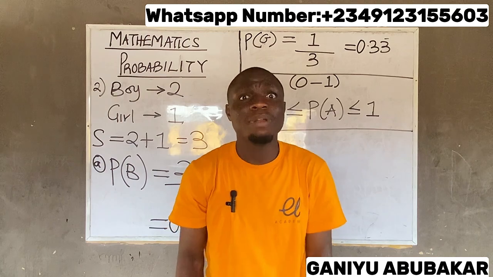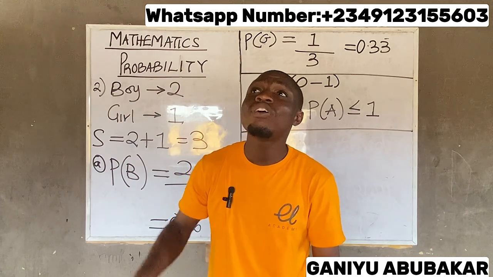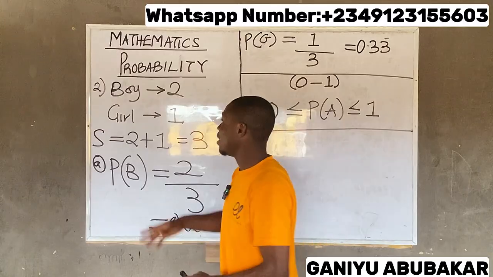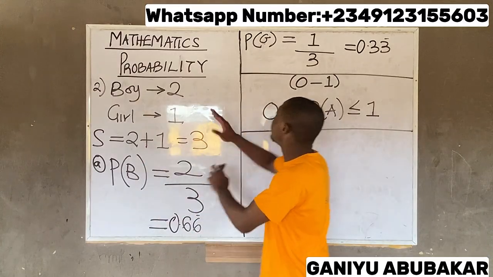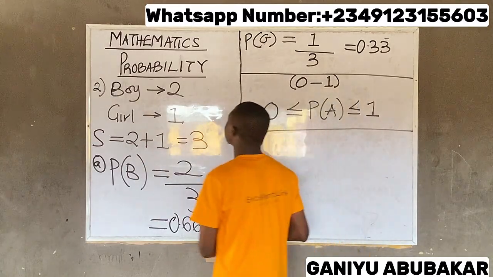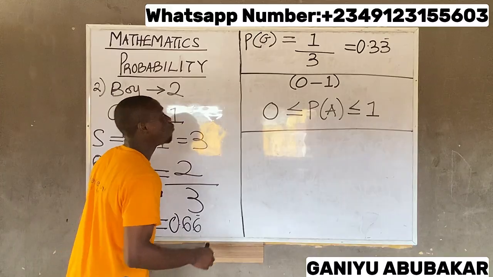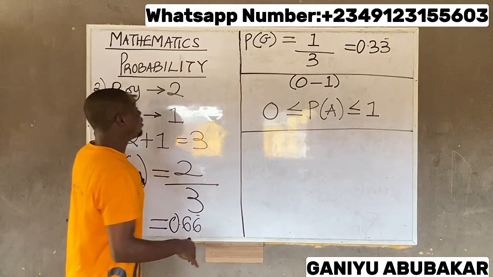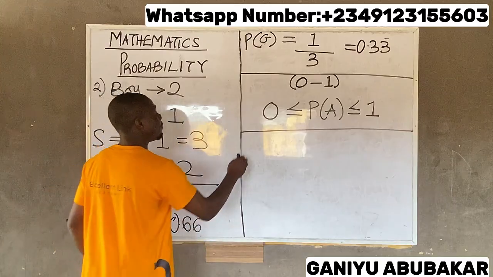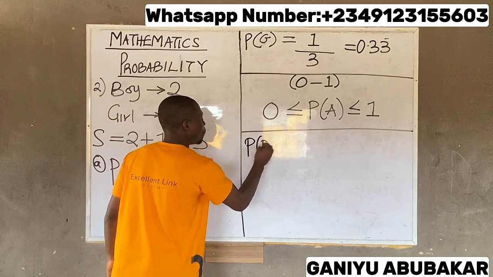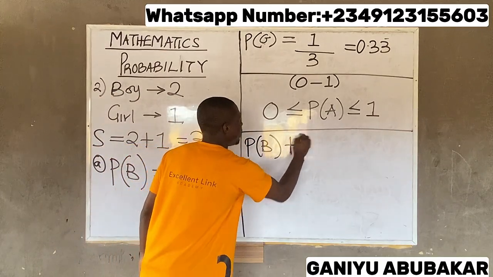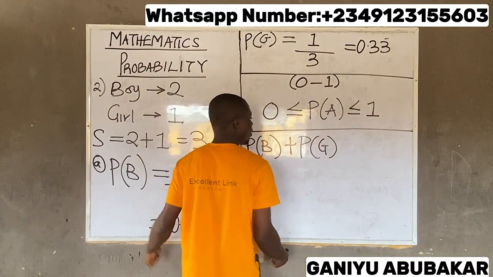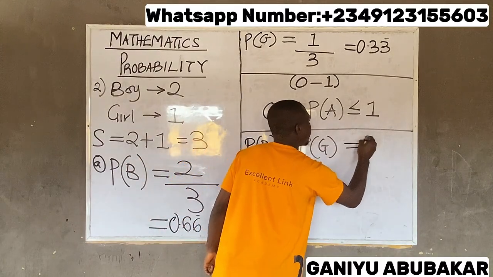For every probability question, if you find all the possible given objects there, like here boy and girl, we find the two of them. If I sum the probabilities of all the events given, for instance the probability of boy plus the probability of girl, and nothing else again, my answer should be 1.